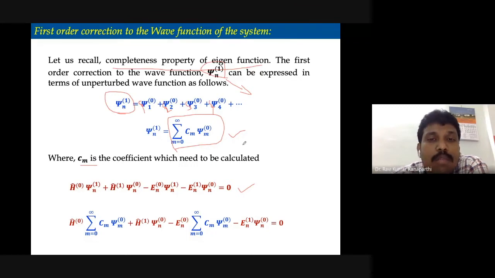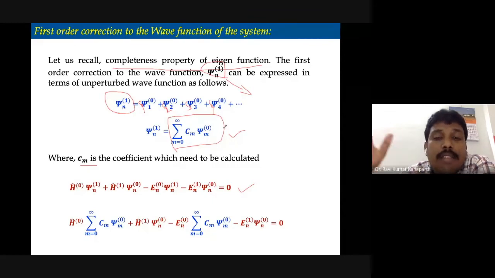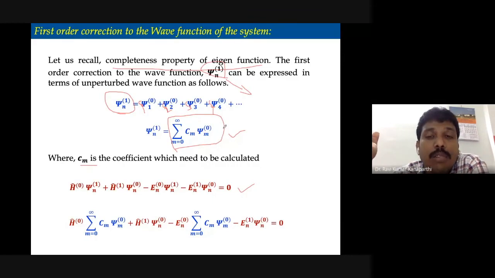That is the property we will make use of to evaluate the first order correction to the wave function. So we write psi n of 1 as a summation m runs from 0 to infinity of Cm psi m of 0. Please remember that psi m of 0 indicates a set of eigenfunctions belonging to the unperturbed system.